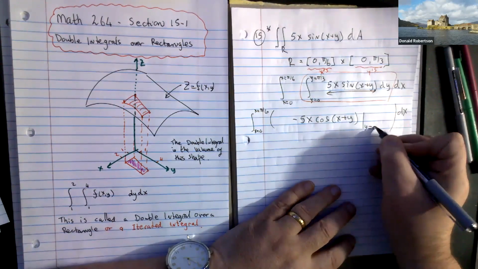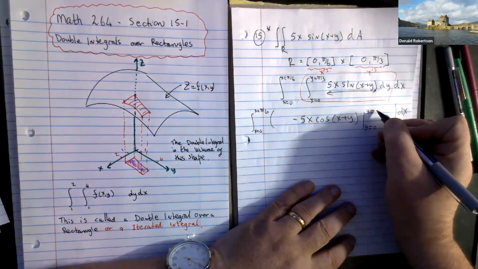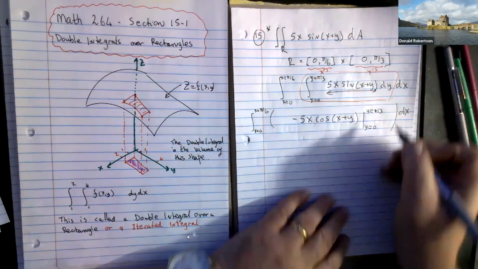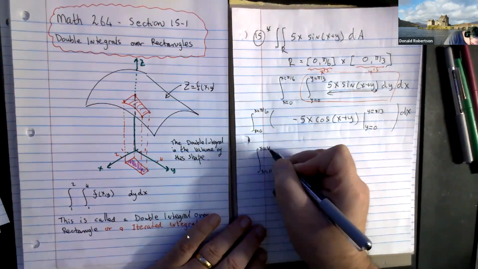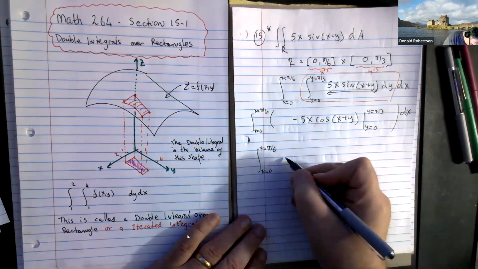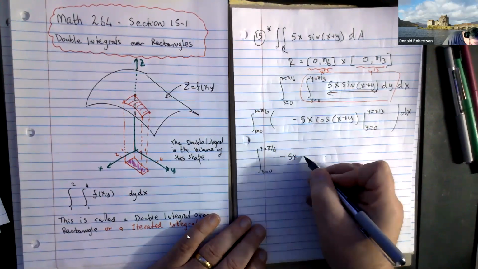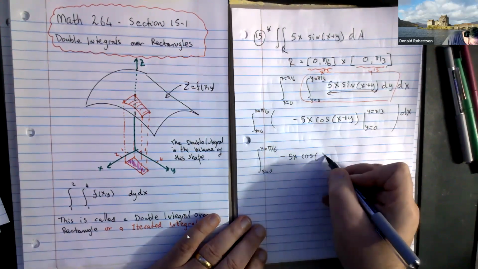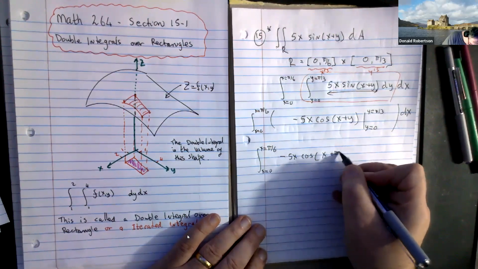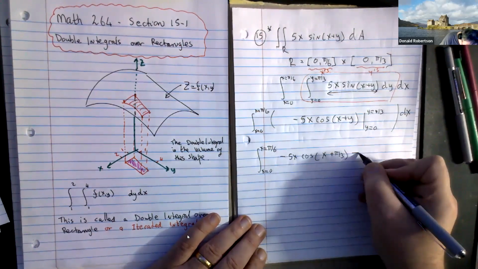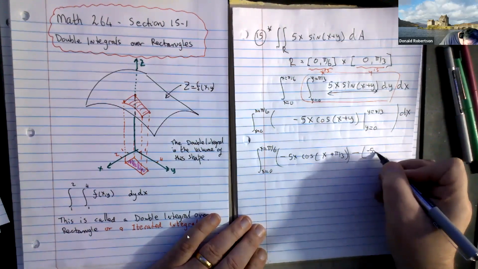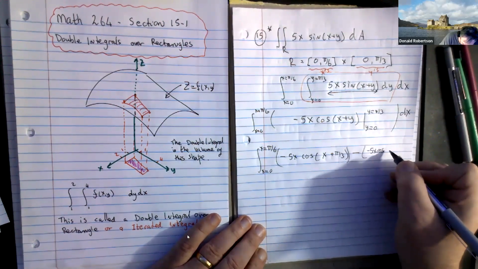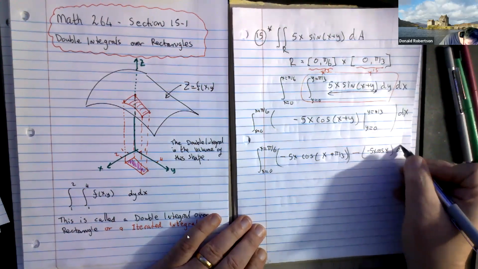You're going to do Y equals 0 to Y equals pi over 3. So it's going to be the integral from 0 to pi over 6 of negative 5, the cosine of x plus pi upon 3, take away negative 5x, the cosine of x add 0, which is just x, dx.